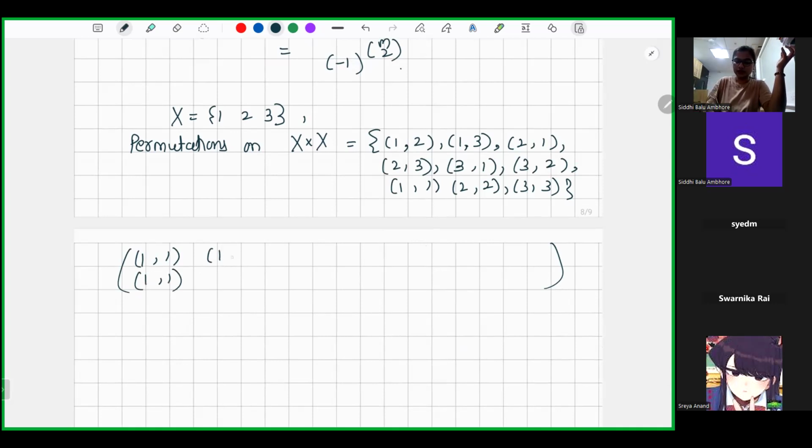Now my (1,2) entry is going to the (2,1) entry, and so on. Okay, and I again have a similar structure.